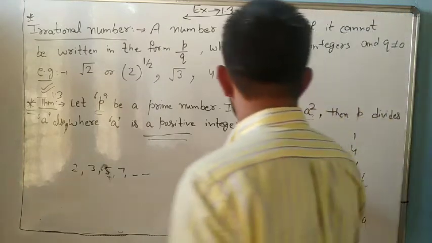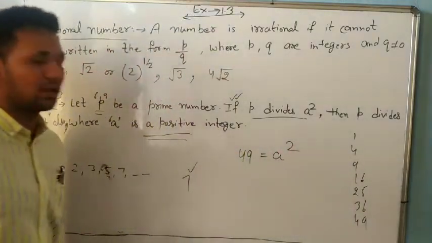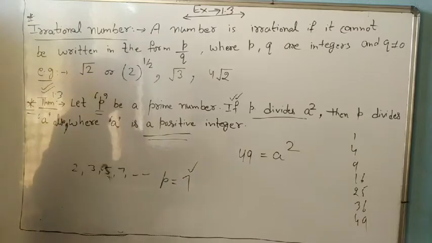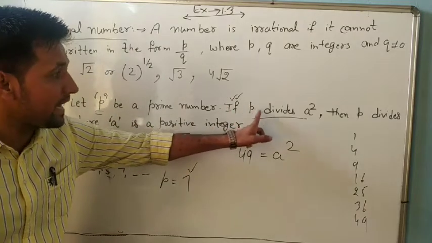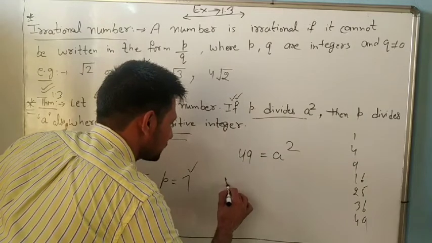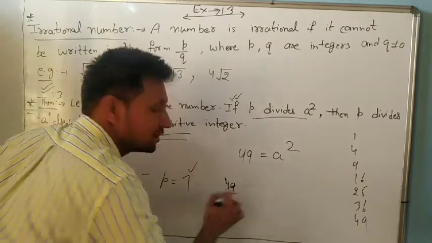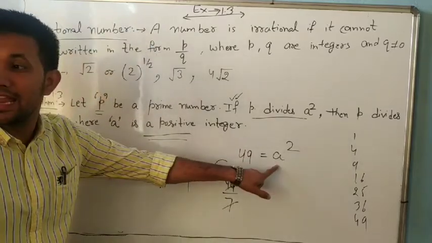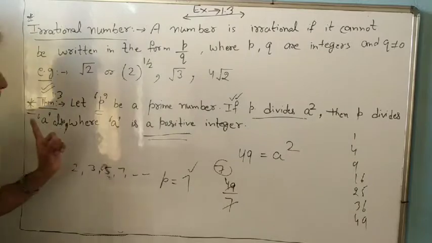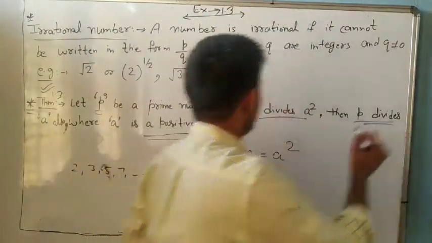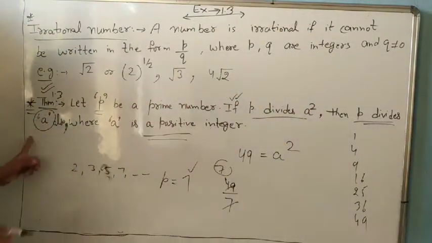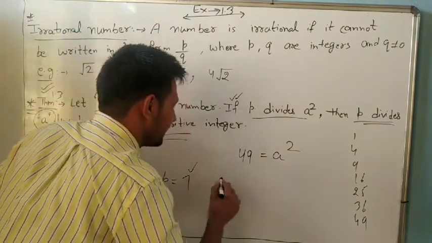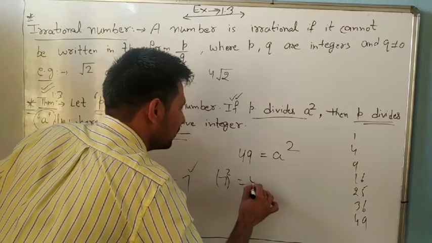Suppose a square is 49 and p equals 7. So in the question it is given that p divides a square. Yes, a square is 49, divided by 7. It is dividing completely. Then p divides a also. a means the number whose square is 49, so 7 square equals 49.